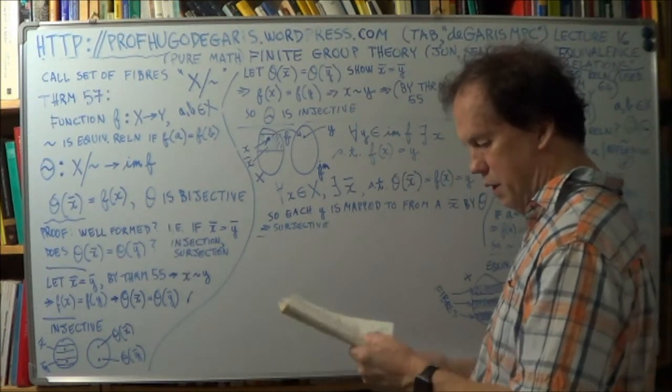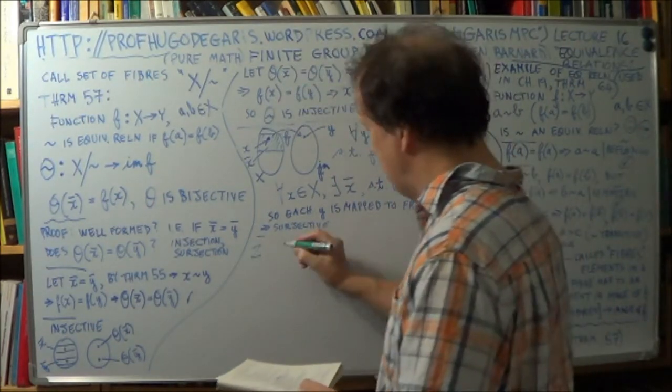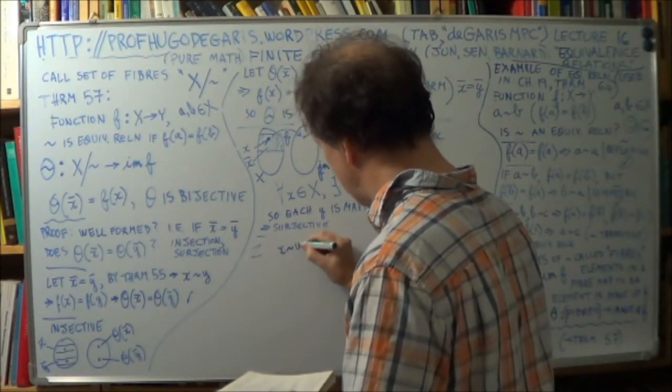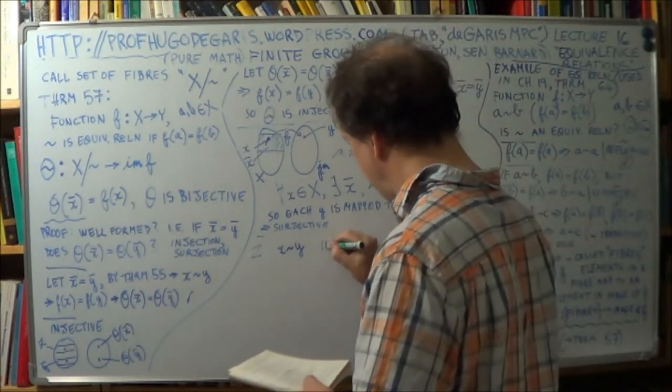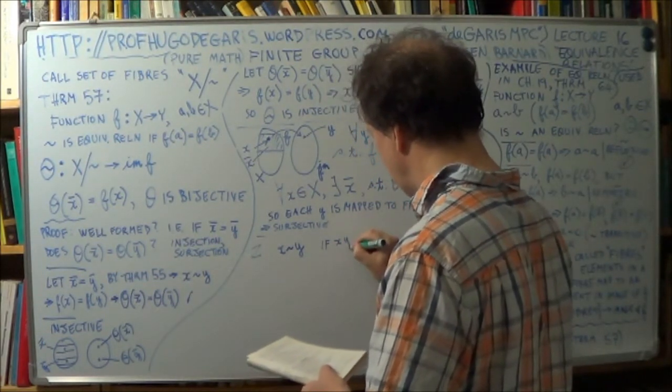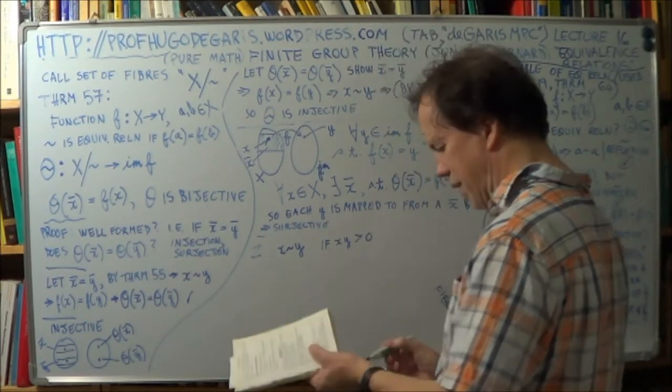And again, it's on the integers, so your set is Z. Two elements x and y: x is congruent to y if x and y are greater than 0.